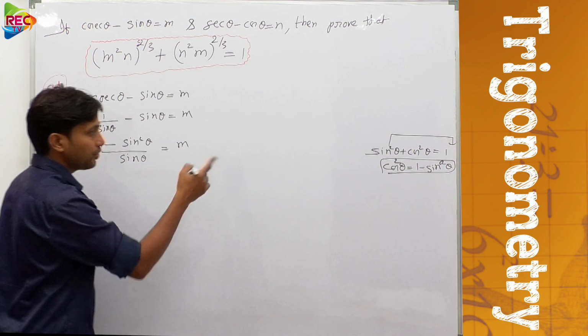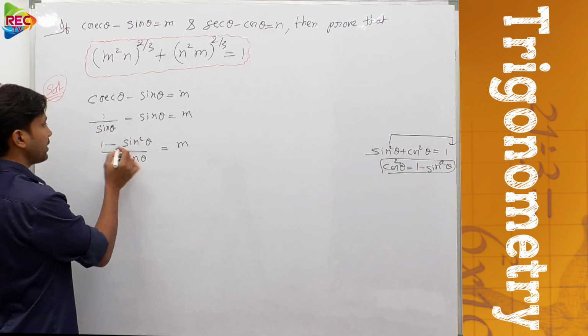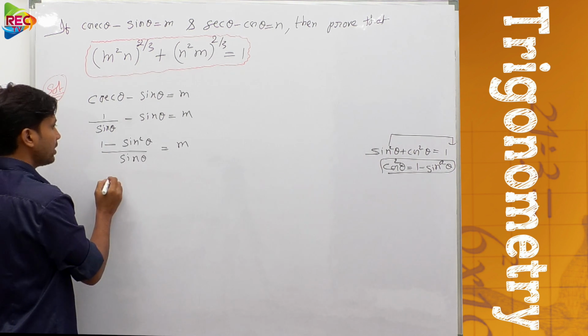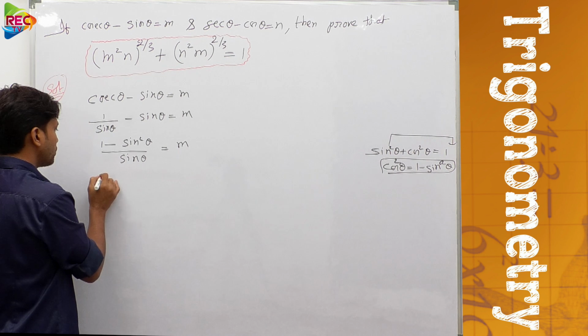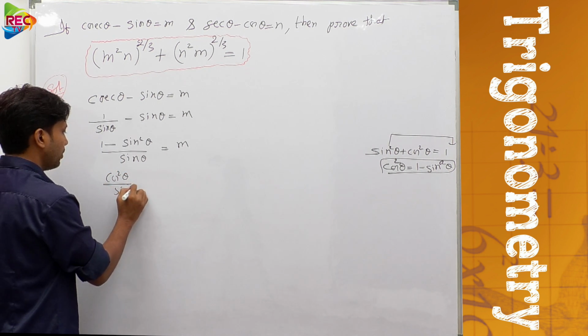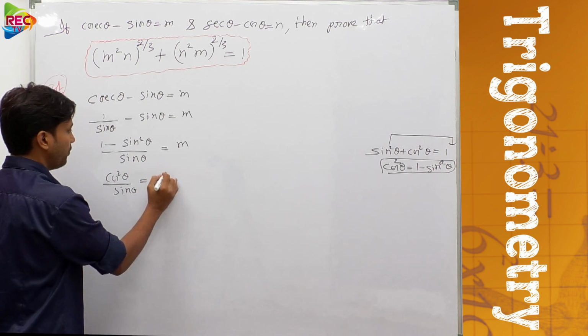So wherever you get 1 minus sin square theta, it can be replaced by cos square theta. So this term can be replaced by cos square theta. Write it down: cos square theta by sin theta equal to the value of m.